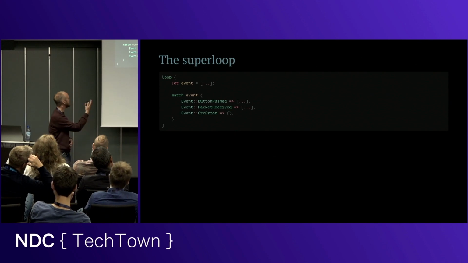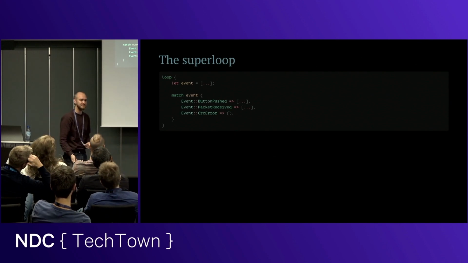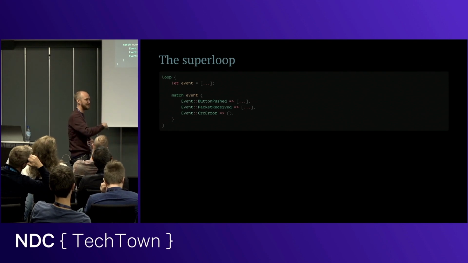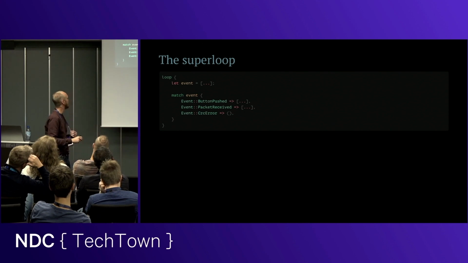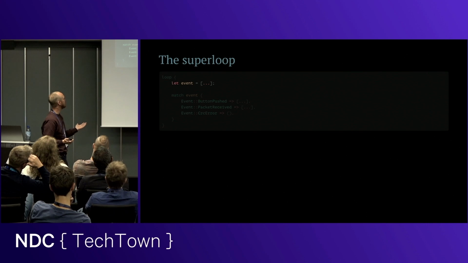Yes. This is our superloop. There's a lot of code here I'm not showing you because it's just setting up the embedded stuff. I have a full example that you can check out later, but this is just to show the essence of the code. So first, we get an event.